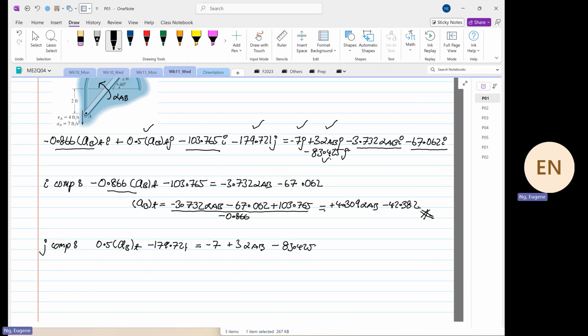So I'm going to equate the J components also in terms of ABT. So acceleration of point B in the tangential direction will be equal to minus 7 plus 3 alpha AB minus 83.425 and then plus 179.721, and then this we can divide by 0.5.